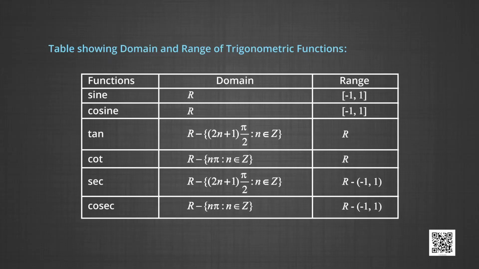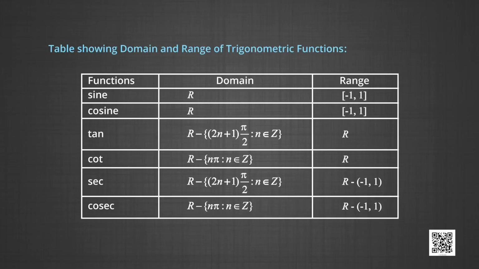For the tan function, the domain is all real numbers except the odd multiples of pi by 2 and the range is all real numbers. For the cot function, the domain is all real numbers except the integral multiples of pi and the range is all real numbers.